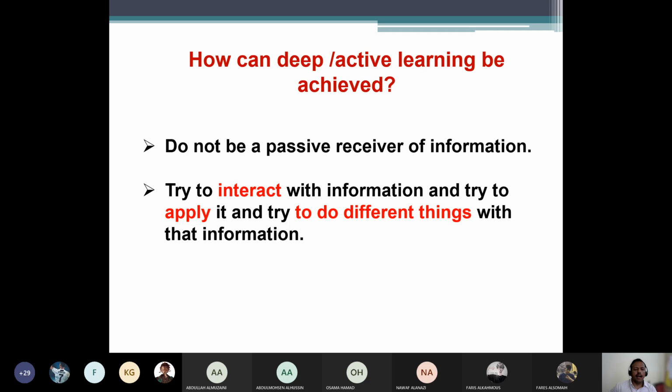So in general, how can you achieve active and deep learning? Your answer should be that you should not be a passive learner, just receiving information. You have to interact with the information in different ways, do different things.